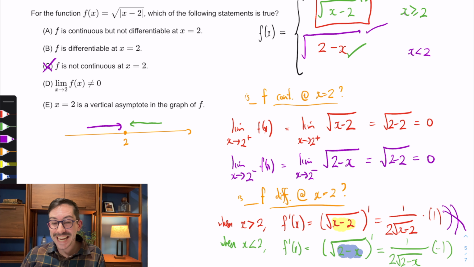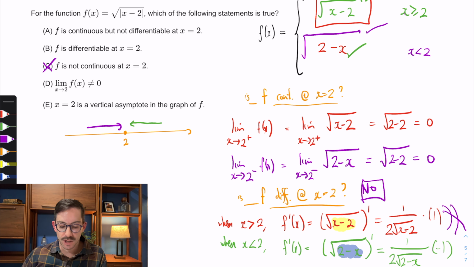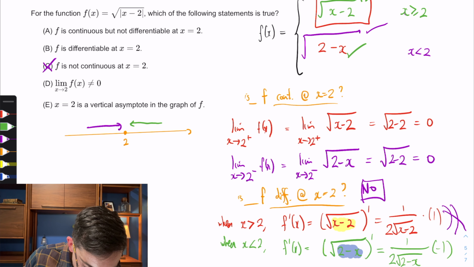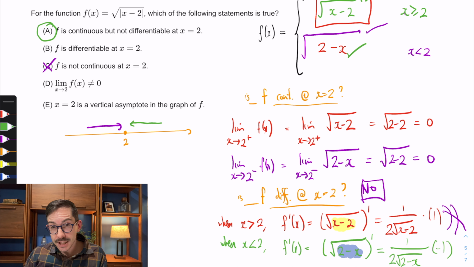We're multiplying by that negative 1, and that fraction in both cases is just a positive number. So because we have different answers for f prime as we approach x equals 2 from the left and the right, the function is not differentiable. So you can see the answer is A, because we showed we are continuous but we're not differentiable.